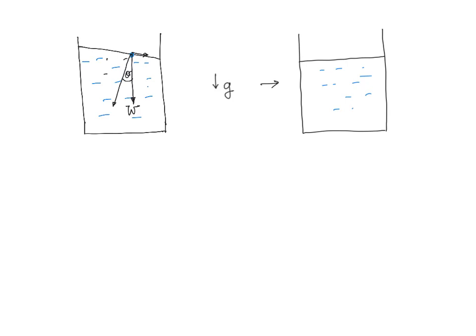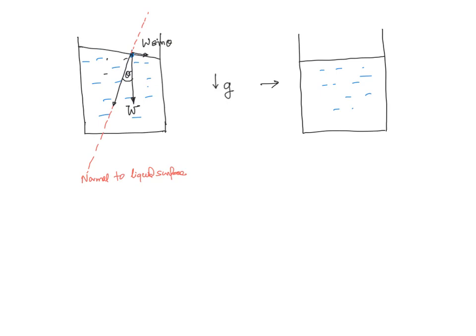If this is theta, and this line is normal to the liquid surface, there is this component W sin theta.